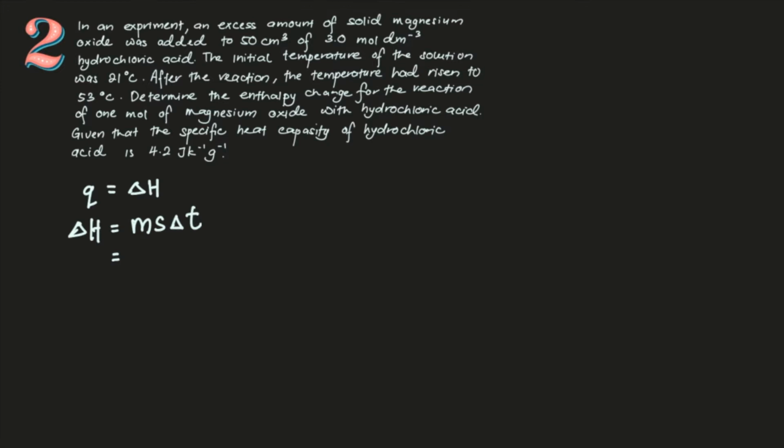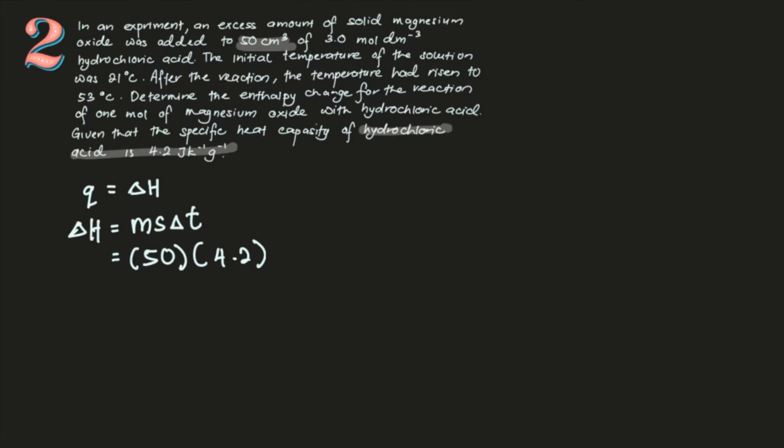In the question, the mass of hydrochloric acid is 50 cm3, so at the mass here, you should write 50. And then the specific heat for hydrochloric acid is 4.2, so you put here 4.2.